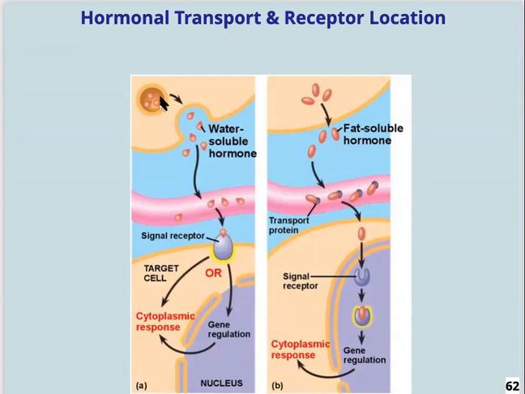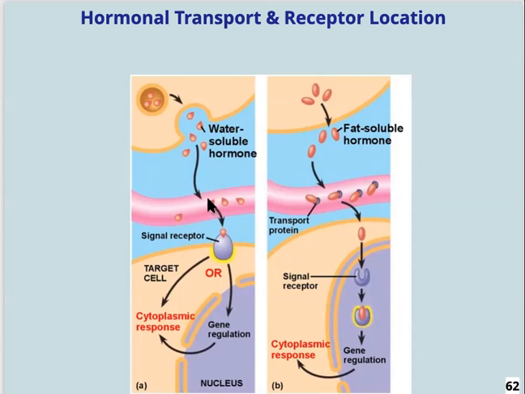Notice that even though the fat-soluble hormones can freely cross the cell membrane, they must bind to a carrier protein during transport. So in this image, the hydrophilic or water-soluble hormones are the amine, peptide, and protein hormones. Okay, and these oftentimes can travel in blood without having to bind to a carrier protein.